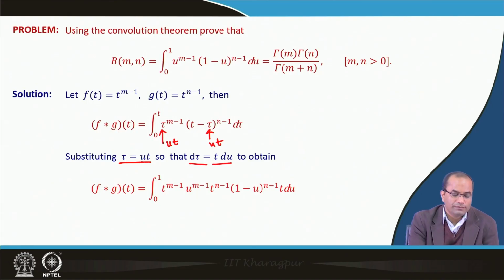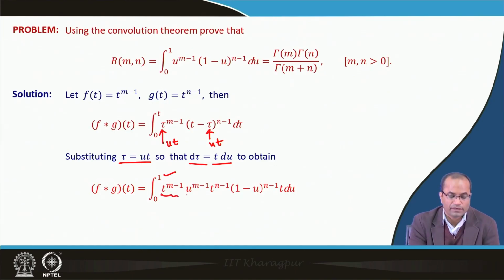Our limits will change: when tau is 0 we have u equal to 0, and when tau is t, u will be 1. So, we have 0 to 1 as the limits of this new integral, with tau replaced by u t.